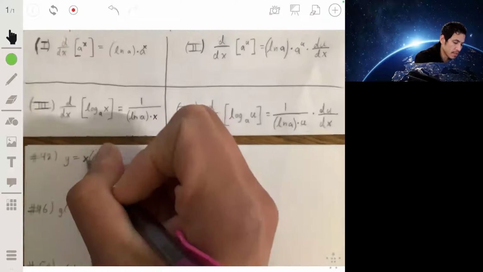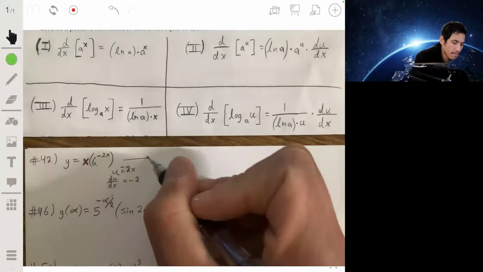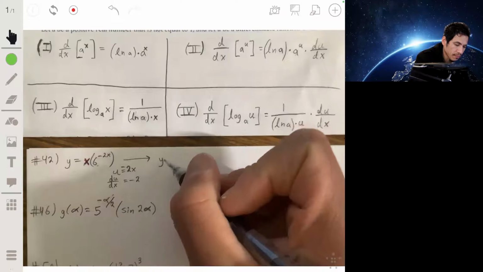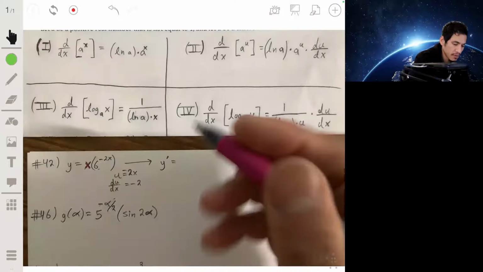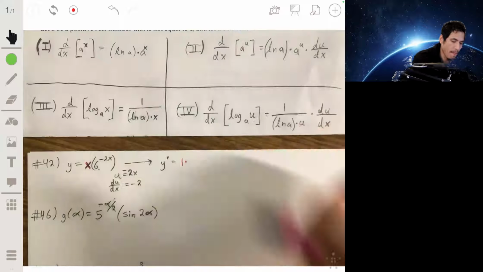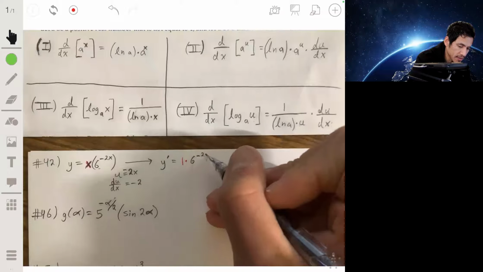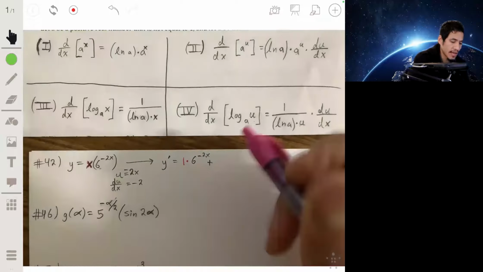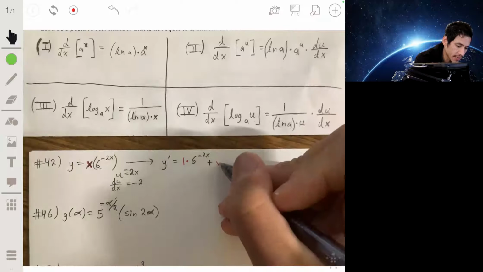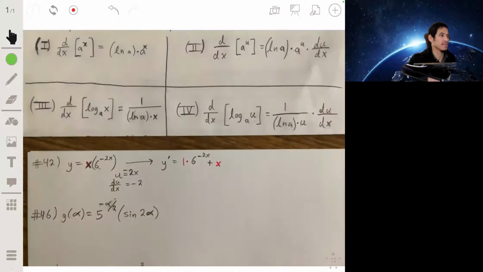So we'll take the derivative of x first. So we'll have that y prime will be equal to the derivative of x, which is simply just 1. And we're going to hold the 6 to the negative 2x as constants. Then plus, now the x stays as a constant, plus x times the derivative of 6 to the negative 2x.